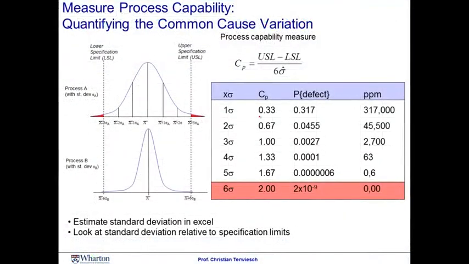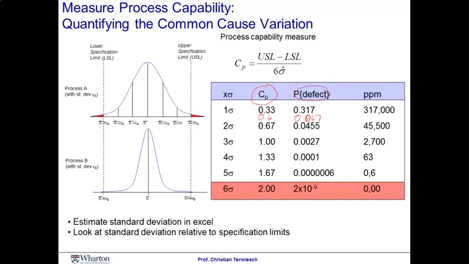So you notice that a capability score of around 0.6, as we just saw in the M&M example, equates to a defect probability of around 0.067, or put differently, 67,000 defects in a million parts. Now in this table we show the relationship between the capability score and defect probabilities.